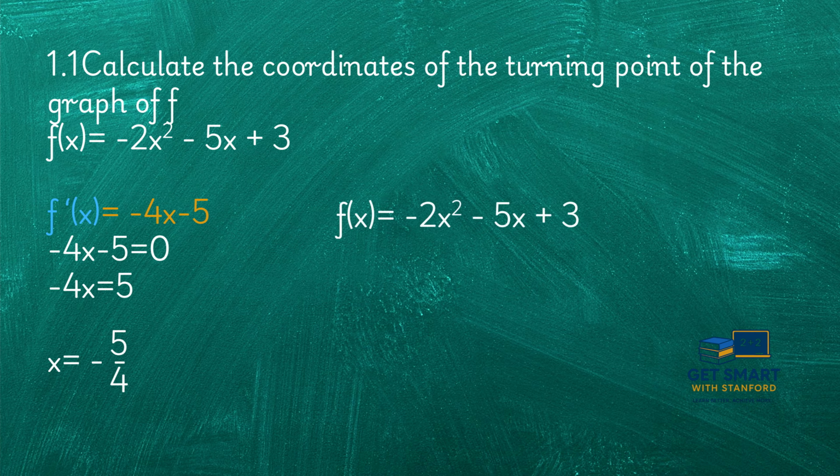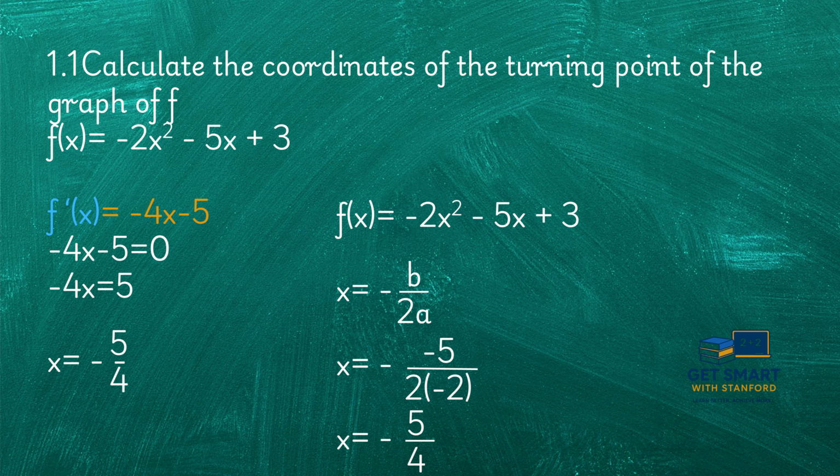The second option would be to use x = -b/2a. We know that as the formula for the turning point. Now we substitute the values of b and a from the original equation, where b is -5 and a is -2.